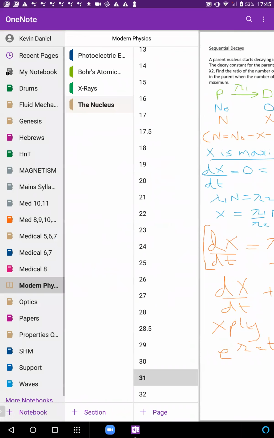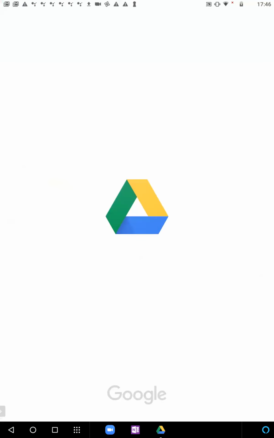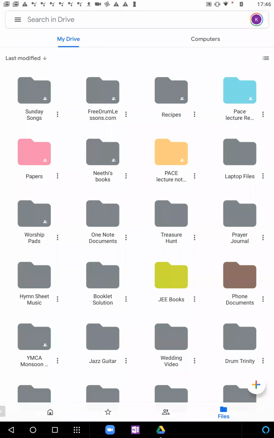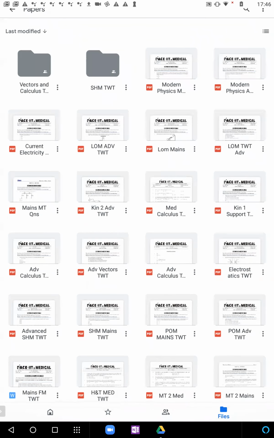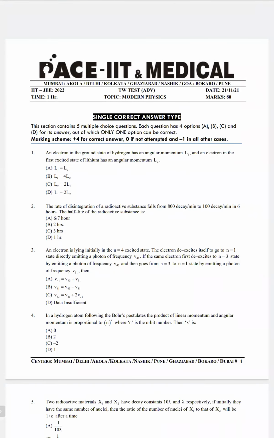the nucleus wala chapter. I see that we have a little time. I wonder if it's sufficient to discuss your modern physics doubts from the TWT. But given that you guys said that it's an easy paper, let's see. I'm not anticipating many doubts. बताओ क्या discuss करना है? The next class we'll be starting with most probably semiconductors.